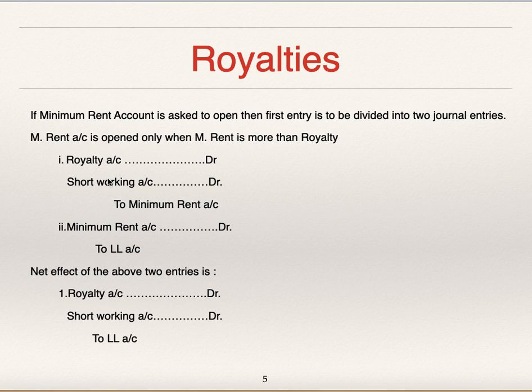These are royalty account debit, short working account debit to minimum rent account, and minimum rent account debit to landlord. Minimum rent 1 debit 1 credit gets cancelled, so net effect is royalty account debit, short working account debit to landlord. Minimum rent account is to be opened only when minimum rent is more than royalty. This is very important.